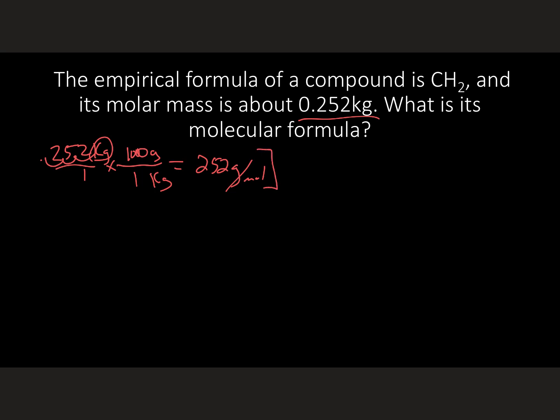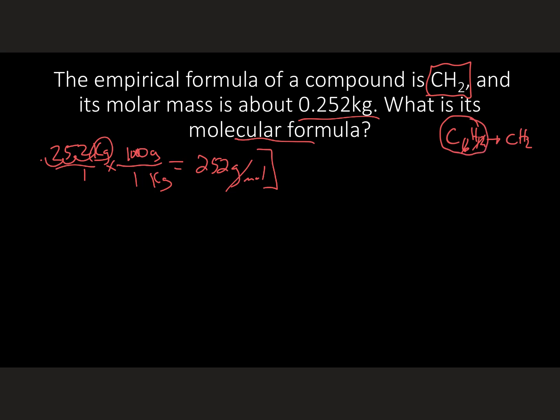Okay, so the empirical formula, remember, is just the reduced form. So if we had C6H12, the empirical formula would be CH2, right? So we're just reducing, divide by 6, then you get CH2. But this is asking for the molecular formula, so we want to calculate this type of formula.